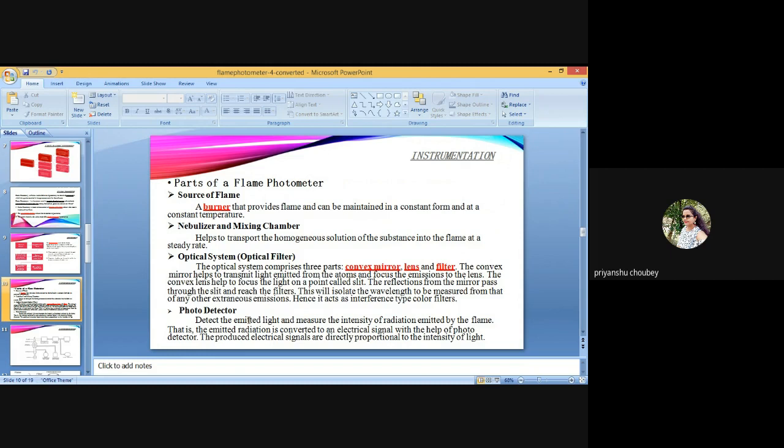If the tube is not exactly circular in cross section, its focal length changes at a different angle. This leads to a change in intensity of light falling on the photocell.